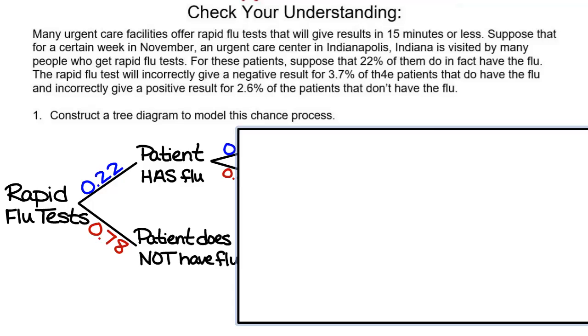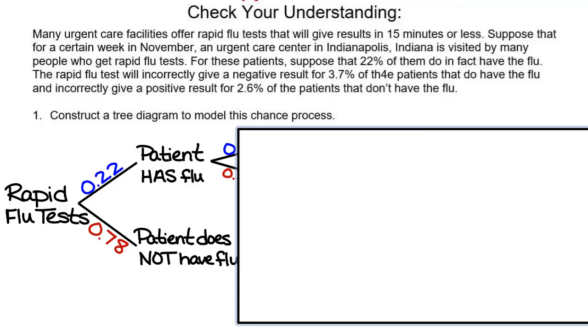Given that the patient has the flu, so we're on this branch up here, what's the chance they test negative? 3.7, so 0.037. So if they really do have the flu, they're going to get a false negative 3.7% of the time.